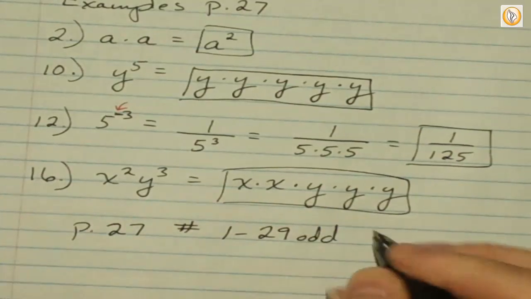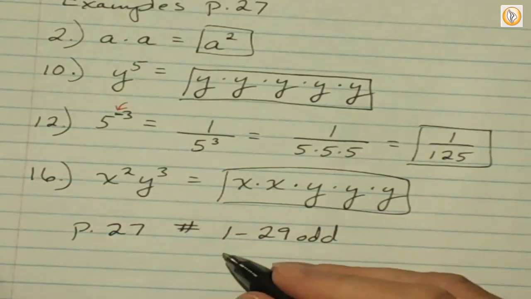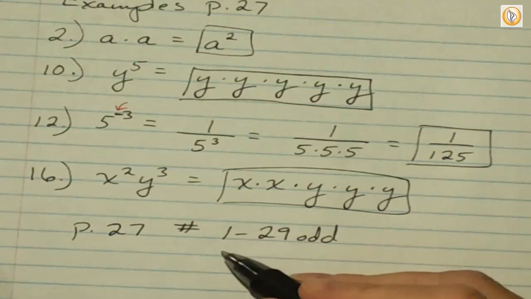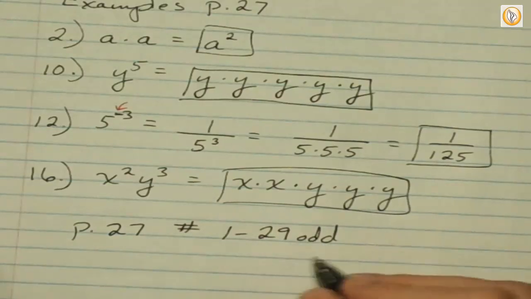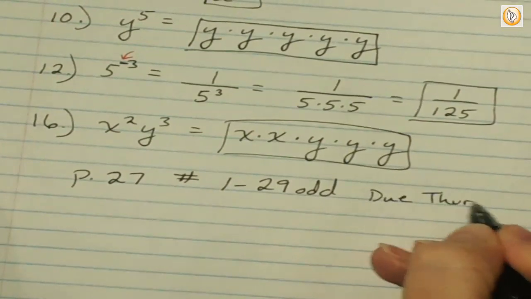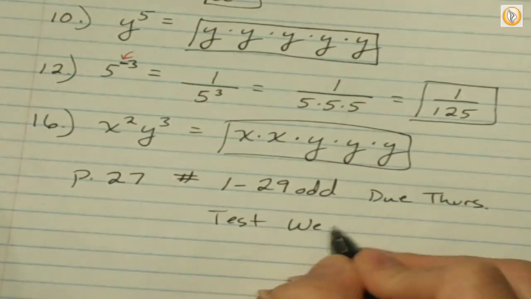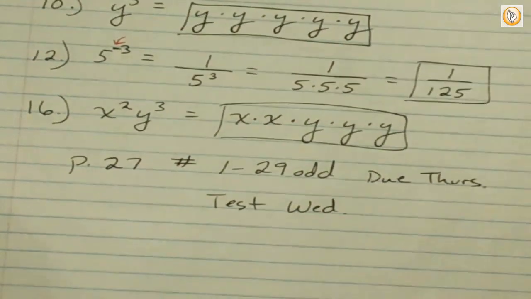What's a standard numeral? What are you talking about? Oh, just for 34 through 42. You don't need to worry about that. So 1 through 29 odd. That's like 14 problems. It's due Thursday. Get to work so you have plenty of time. Your test is scheduled for Wednesday, a week from today. All right, get to work, get to work.